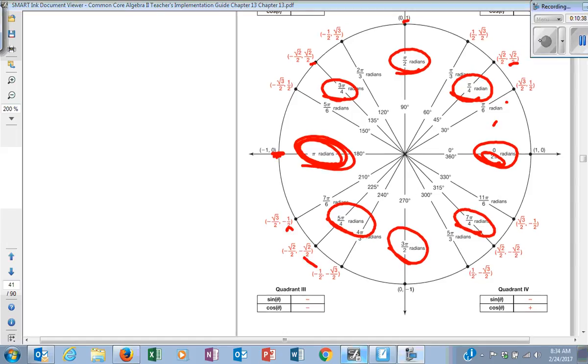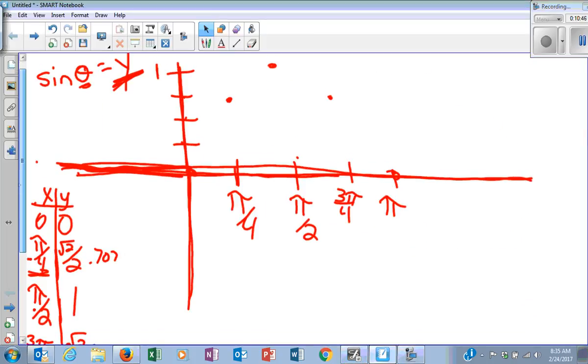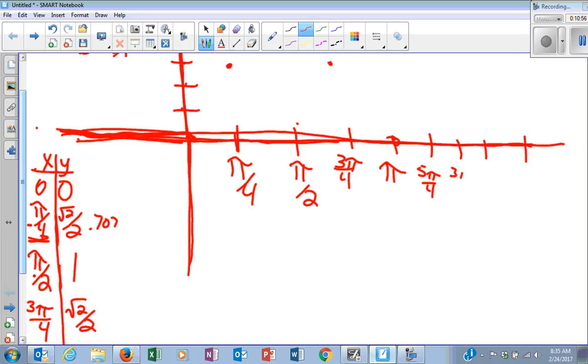So let's finish this up. So what you should have done, if you were making these inputs and outputs, you should have kept going on. What's my next one over here? 5 pi over 4, then 3 pi over 2, then 7 pi over 4, then 2 pi. And this should go 1, 2, 3, 4.